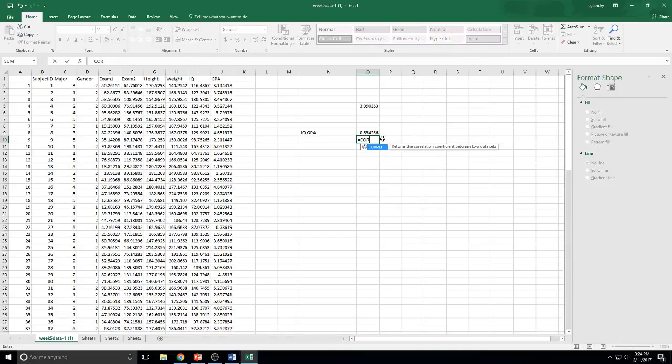Equals Correl. You can hit tab and it'll autocomplete. We did IQ and GPA. Now let's do IQ and weight. IQ, then comma, all of weight. And then we close it. We're getting better.